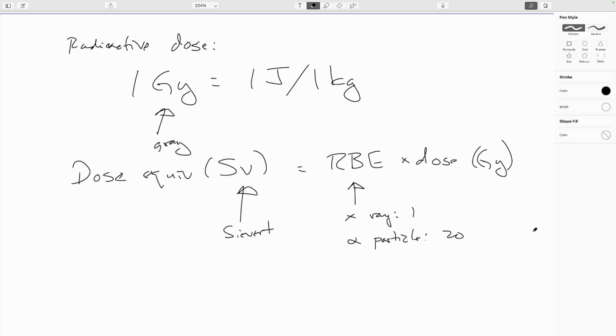In other words, to our hypothetical lung tissue, for the same number of joules per kilogram of dose, alpha particles do about 20 times more damage than X-rays would. Now, these are rough numbers. More sophisticated tables will take a look at both the type of radiation and the tissue being affected.